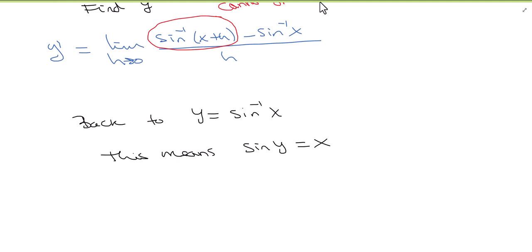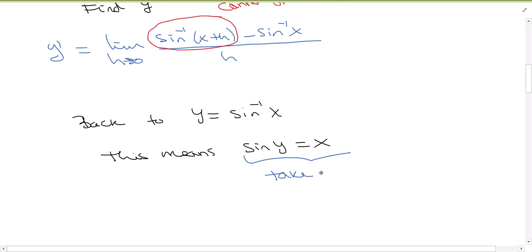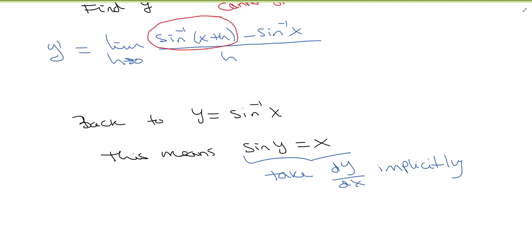And so now we're going to take the derivative implicitly, meaning we take the derivative of y with respect to x. We know that y is a function of x, but the way I've written it here it doesn't look like it, but we do know that y is implicitly a function of x. So let's take the derivative.